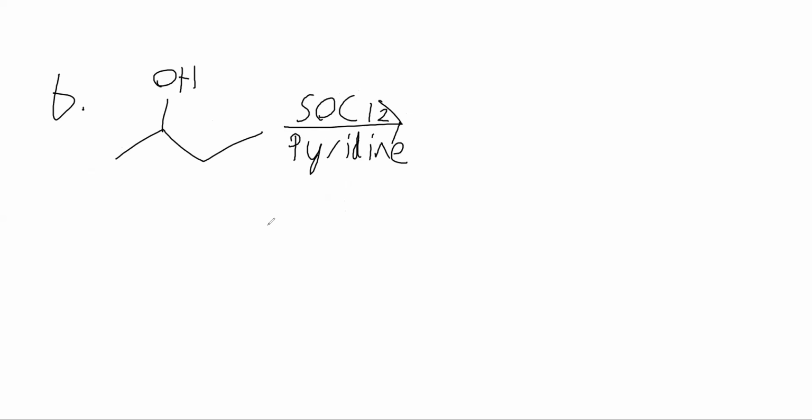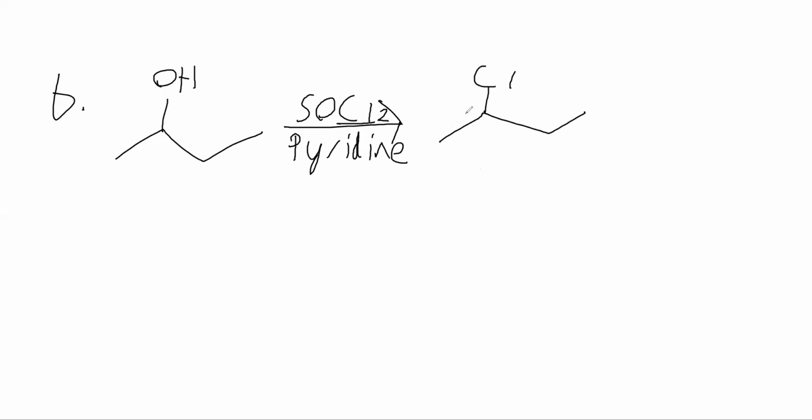Does anybody remember what these conditions lead to? What product would form? It's nearly identical to the last reaction with PBr3. The only real difference is we have a chlorine instead of a bromine, so we'll form an alkyl chloride.